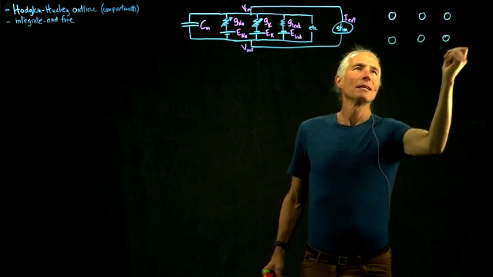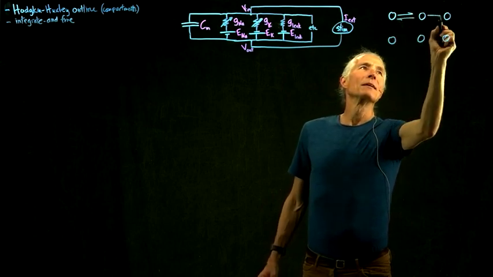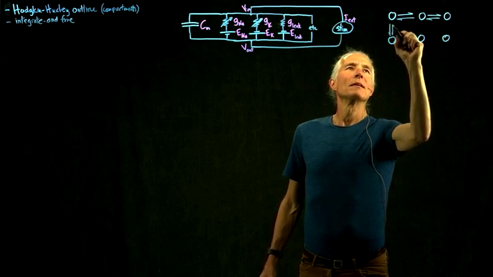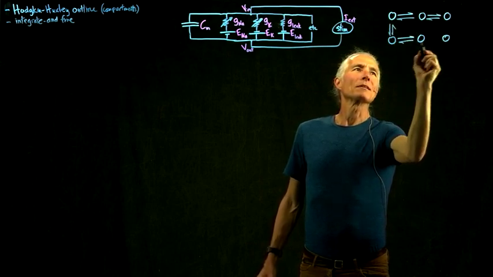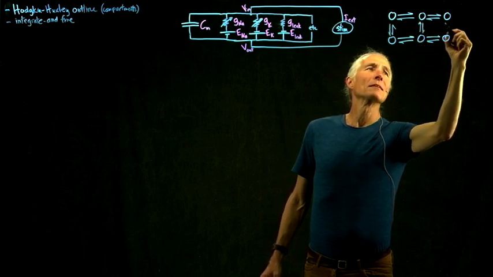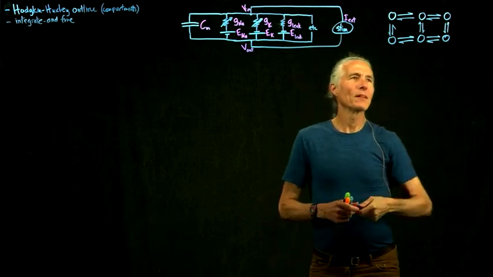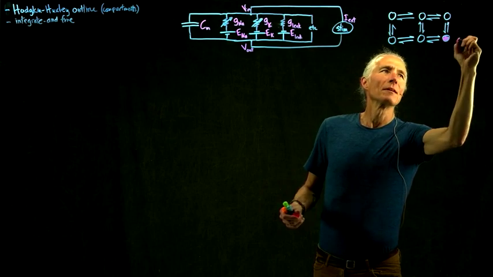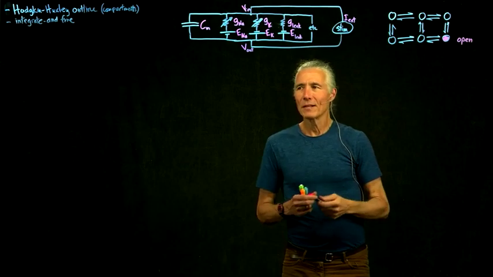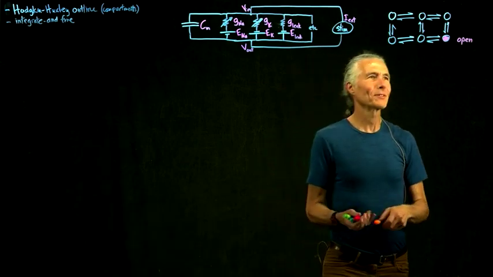And so here's all the possible states that we could transition between like this. So you could have, put all these arrows in. So you can go back and forth between all of these. And so only one of these is open. So this guy is open. And so that would be 2 activating particles and 0 inactivating particles.